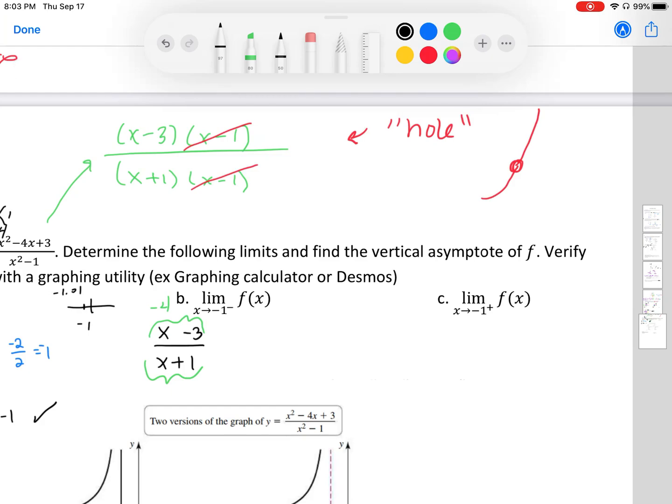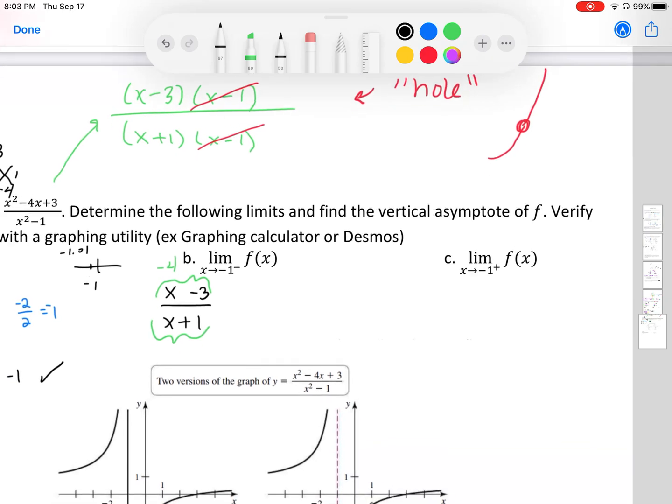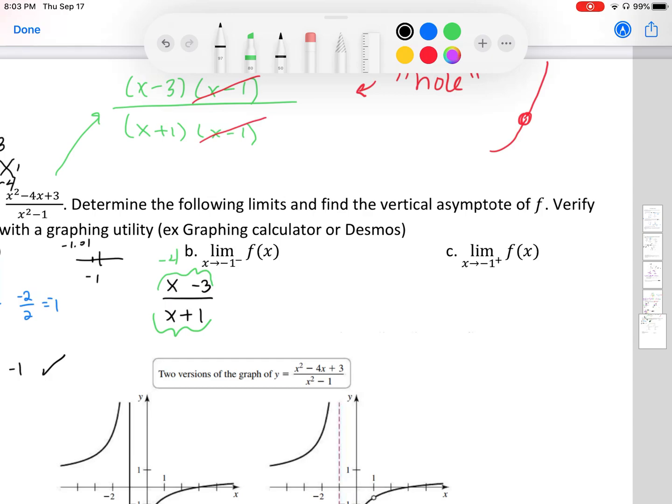If I do that, negative 1.01 plus 1, I'm just left with negative 0.01. So this would give me a negative and 0. My answer would be, well, I have a negative divided by a negative, that gives us positive infinity.